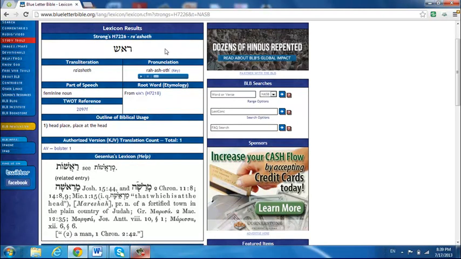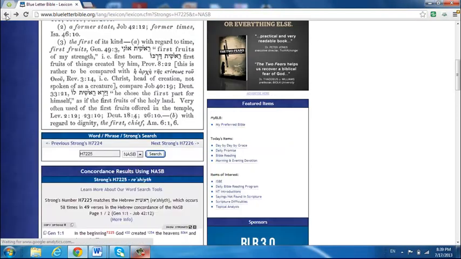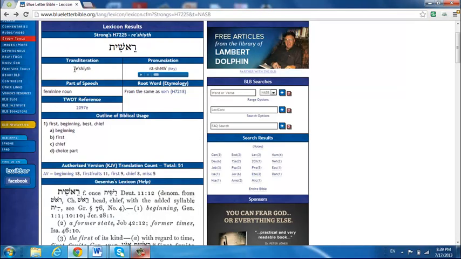The word Rosh means head. It is related to the word for beginning, because the beginning is the head of something. But anyway, I don't want to go any further there. I just want to show you how you can use Blue Letter Bible to get at the Hebrew.